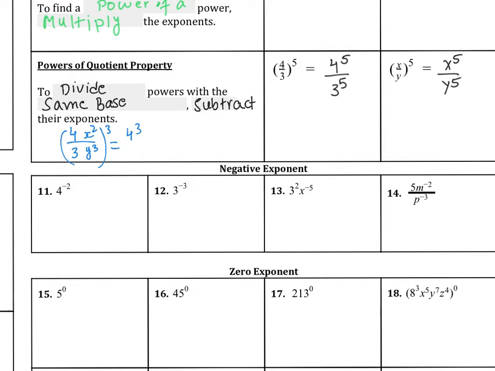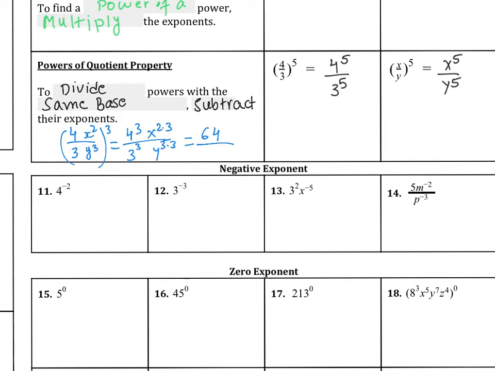So 4 to the power 3, x to the power 2 times 3, 3 to the power 3, and then y to the power 3 times 3. Now 4 to the power 3 means 4 times 4 times 4, which is 64.